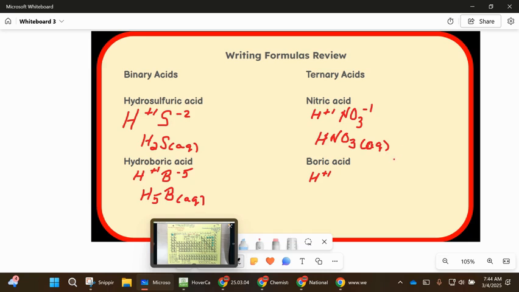Boric acid. Boric would come from what polyatomic on the back of your sheet? Borate. What is the formula and the charge of borate? So again, we're going to do the crisscross method. What number comes down by the H?